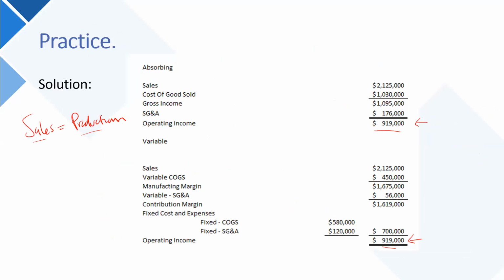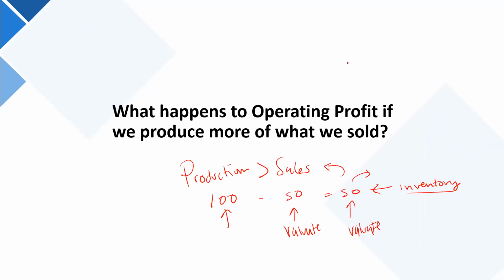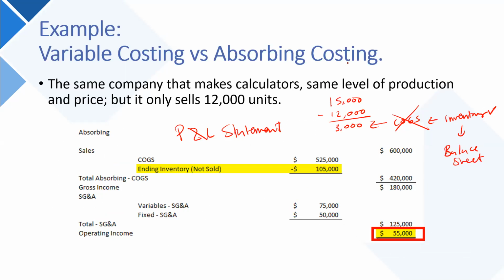If we go back to the last exercise, you can see that the cost of goods sold of 15,000 units is 525,000. If I go again to the absorbing costing method, you can see that I have the same level of cost of goods sold listed here. We have a different level here directly to the sales. That is because in this part, I am deducting the final inventory. So I need to evaluate that final inventory, 105,000. How do I do that?